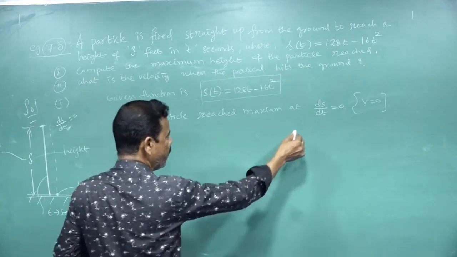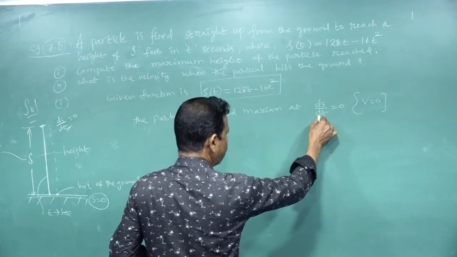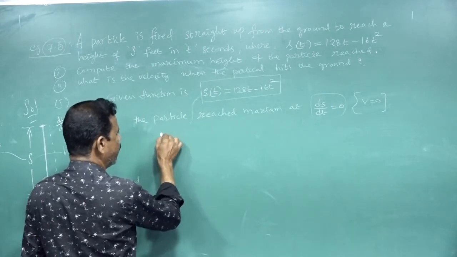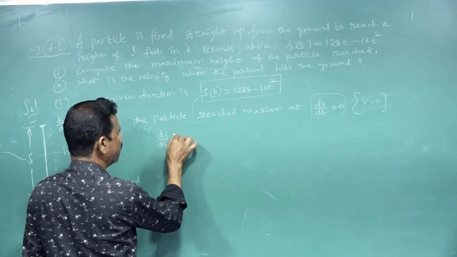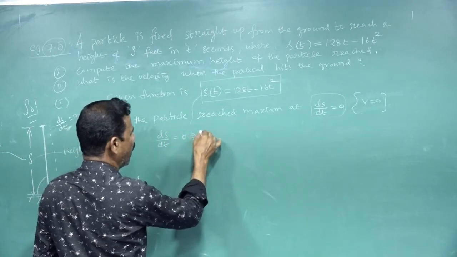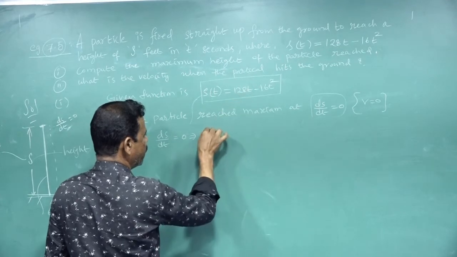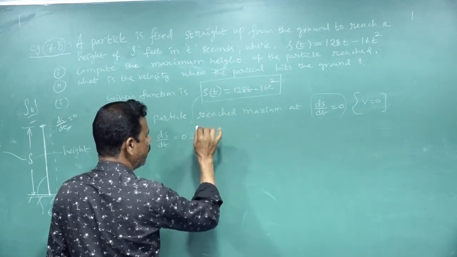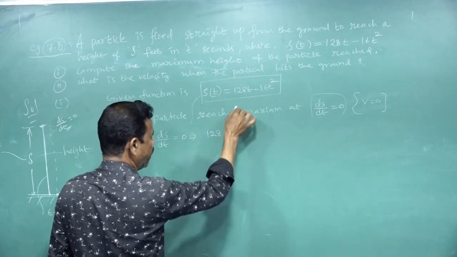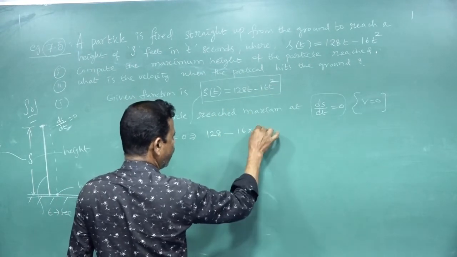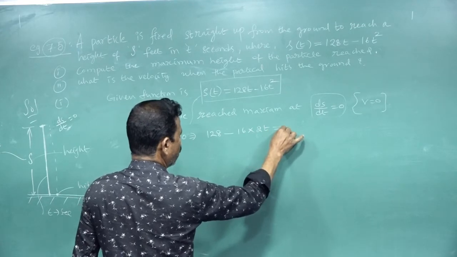Now find ds by dt here, and after that equate to 0. So ds by dt is equal to 0. Then ds by dt, how much? 128t, 128 constant, t derivative 1, minus 16 into t square derivative 2t is equal to 0.